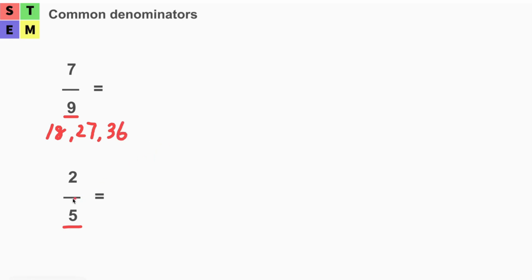Okay, let's stop there and try to find if there's something below that we can have a match. So 5 times 2 is 10 easily. 5 times 3, 15. Okay, not even close. 5 times 4, 20.